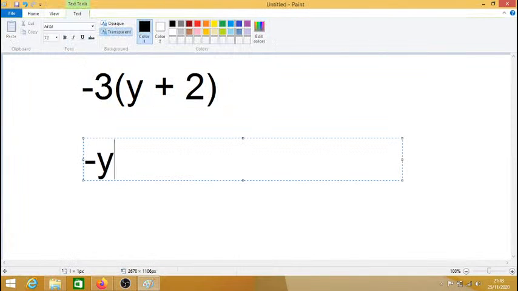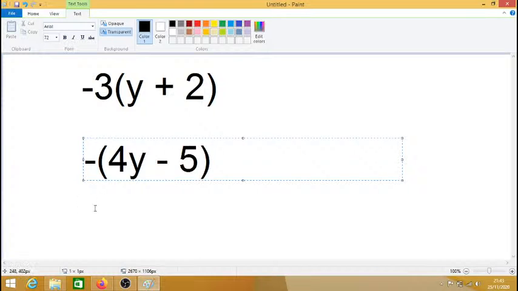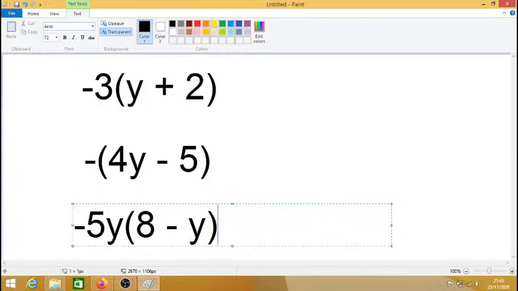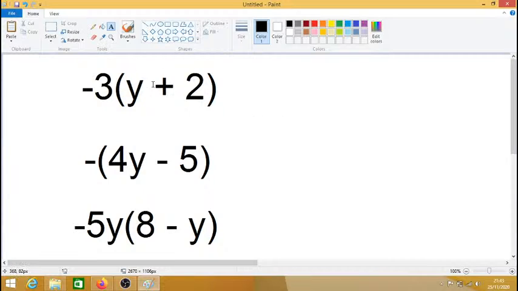If you could just try these ones, just try to expand out these three. Remember, expand means to multiply, and you're multiplying everything in the bracket with what's on the outside.